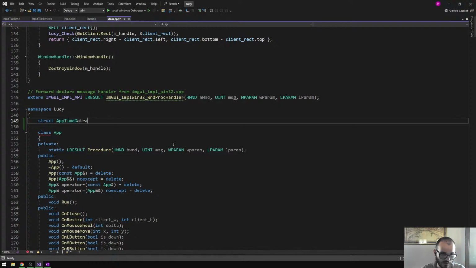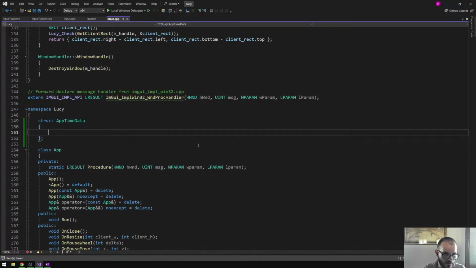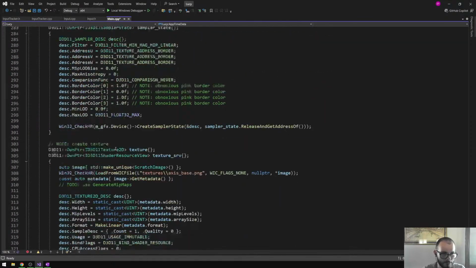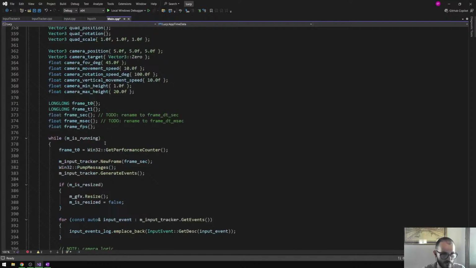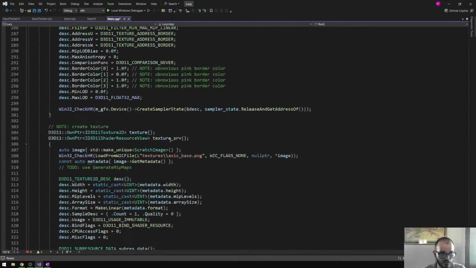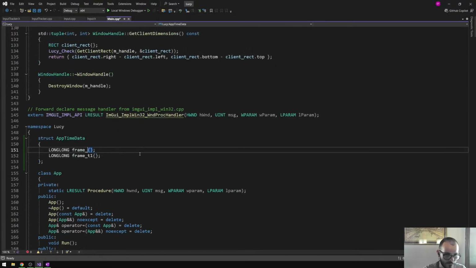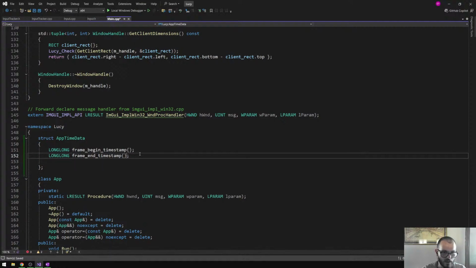Uptime data, and with the uptime data we have the frame begin timestamp. We have the frame end. We have begin, end.